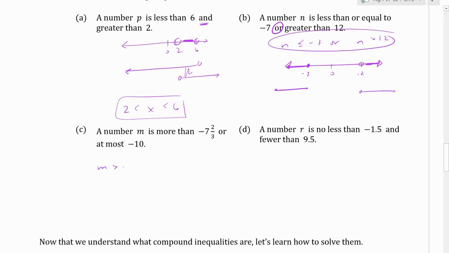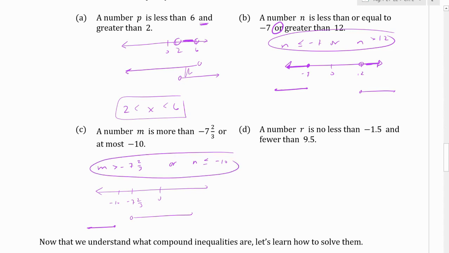So m is more than negative 7 2/3, or at most, the number is at most, which means it's less than or equal to negative 10. So let's do this one. So there's negative 7 2/3. A little further behind is negative 10. You're either bigger than this or less than or equal to that. And just combine that, that's the best you can do.